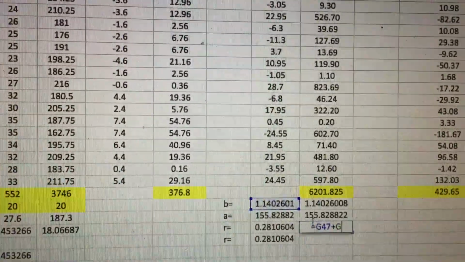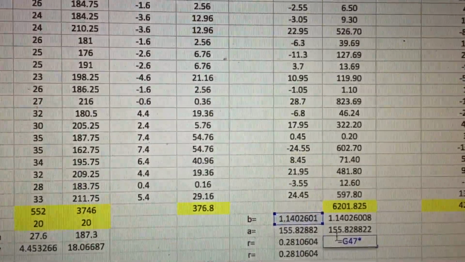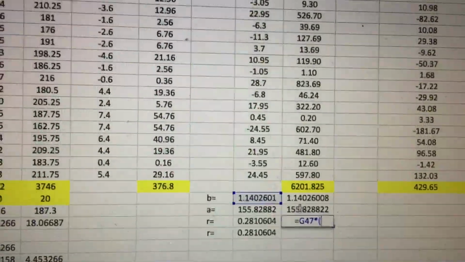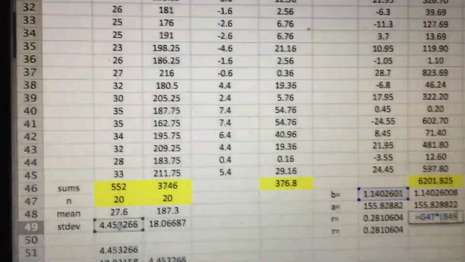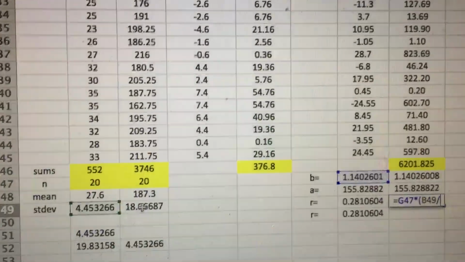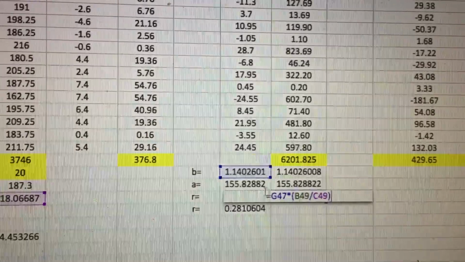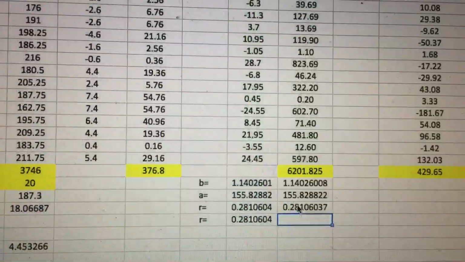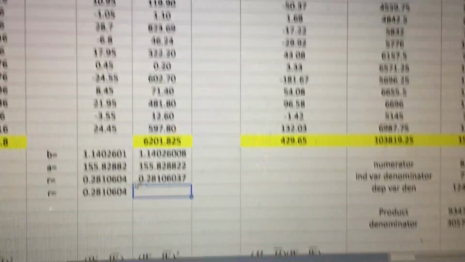And then we're going to put that times button, and in parentheses we're going to take the standard deviation for the age, divide it by the standard deviation of the weight, and close that off. Now, you can't just put that parentheses without putting that times button, because otherwise it's going to calculate it wrong. So that is the simplest way to get the r, right?